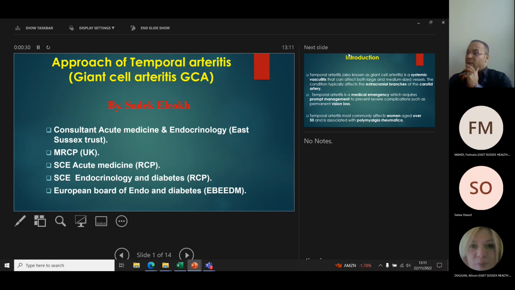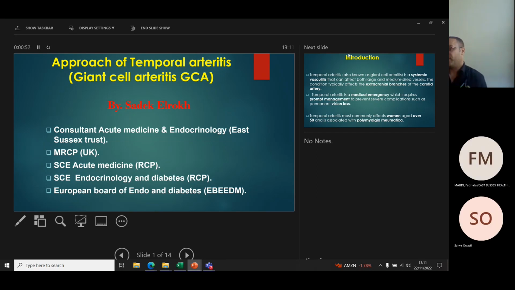Actually, as a medical rule, you have to bear in mind this rule: you have to exclude the worst until proven otherwise. So in the case of chest pain, for example, you have to exclude and think about PE, ACS, aortic dissection, and pneumothorax, which are the most serious diagnoses of chest pain.